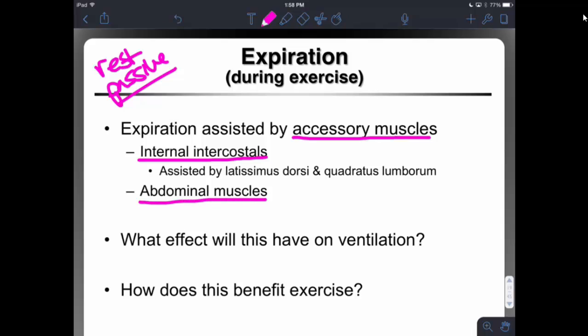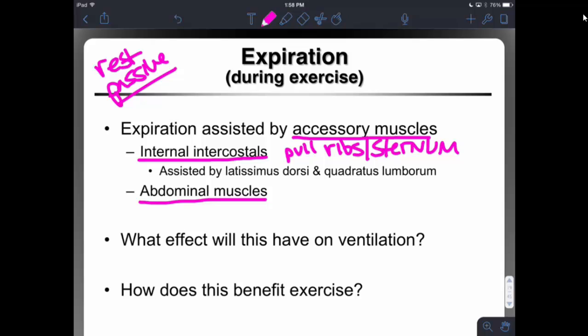And when the internal intercostals contract, what they do is they pull the ribs and sternum down. So instead of waiting for the external intercostals to simply relax and recoil, the internal intercostals are going to pull the ribs and sternum down.